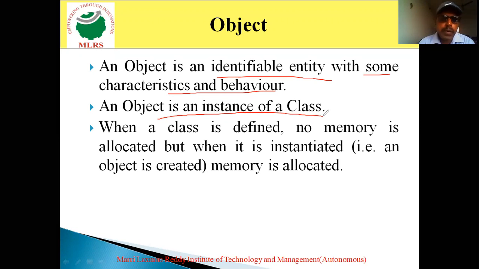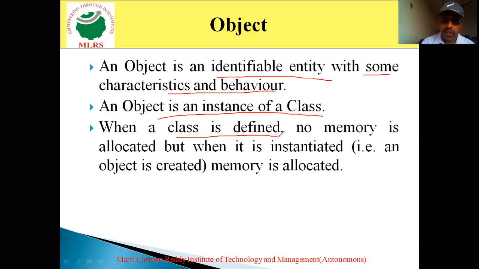And one more thing you remember, when you specify the objects, you specify one more thing also. That is nothing but memory. Why? Because if you define a class successfully, the class definition is completed, which consists of data members and member functions.